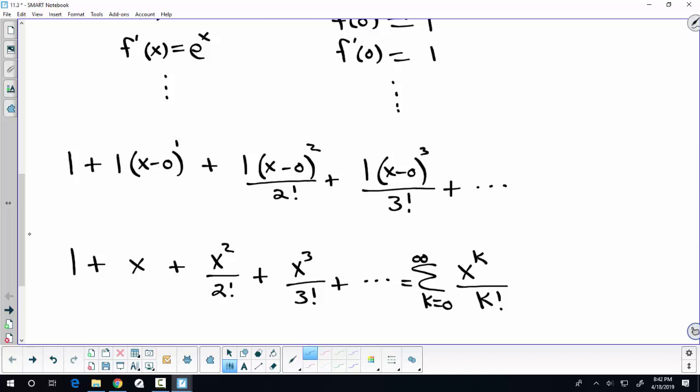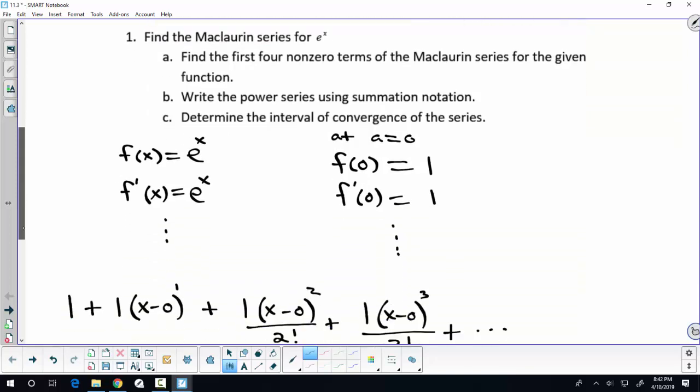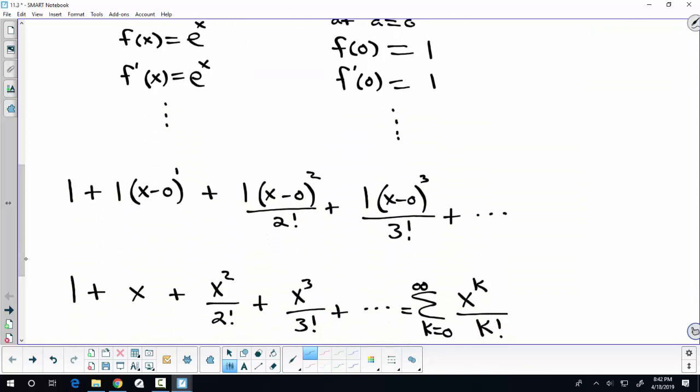But what is that? So remember, this is saying that our function is actually equal to this polynomial. Our function was f of x equals e to the x.